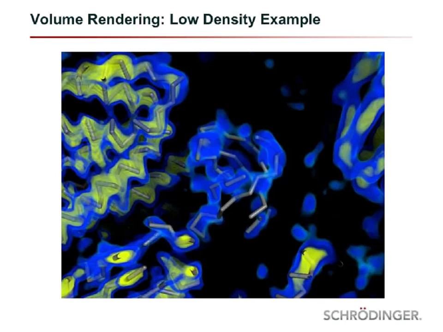So you see nicely that the one molecule is well defined, and the molecule in the middle is poorly defined, but it's still there. And you can show this difference in one picture with volume rendering.